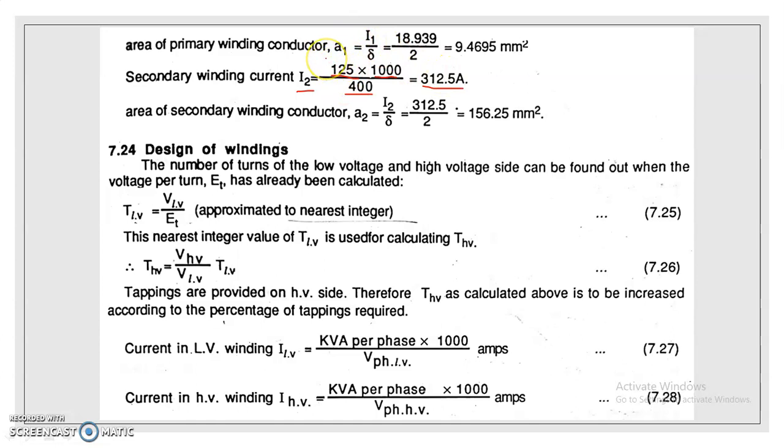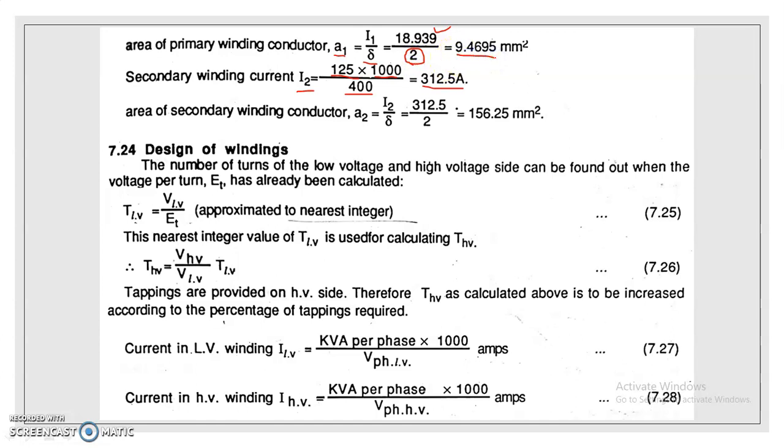Then you have to calculate the area of cross section, that is the size of the conductor, with the help of current density. Current density is nothing but current per unit area. As per this definition, area of cross section of the conductor is equal to current divided by current density. We have the value of the primary current, and the current density is 2 ampere per mm square as given in the problem statement.